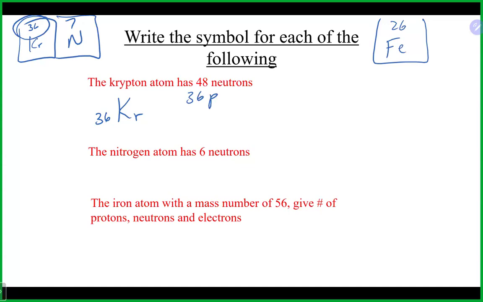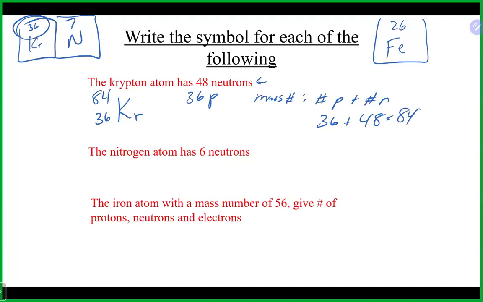And that's going to be helpful because it told us that we have 48 neutrons. And then remember that our mass number, which is the number we need up on top, is our number of protons plus our number of neutrons. So in this case, we could take our 36 plus our 48 and get 84, which would go up there on top left. Any questions on that one there?